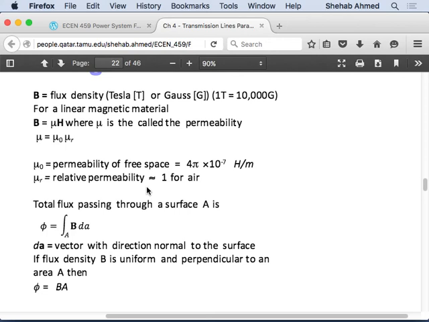But the calculations are valid for transmission lines in the air, or underground. So after you find H from Ampere's law, you will be able to find B, which equals mu H. B is the flux density, right?